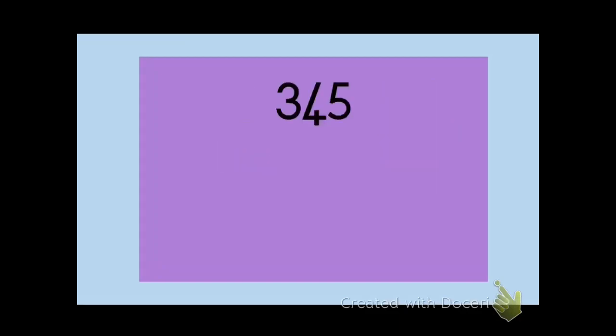Let's have a look at the next number. 345. Say it with me. 345. Now let's put them into their rooms, into their places. By the hundreds room, we have to count in hundreds to get to 300. 100, 200, 300. 3 times, yes.